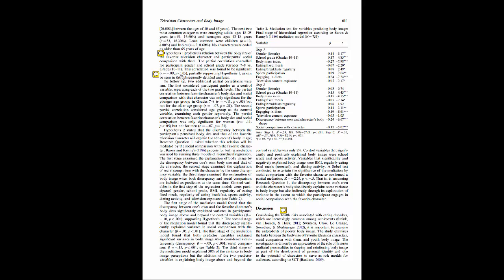Let's give it a try. So we see a p less than 0.05 here. That means the relationship is significant. We see down here another p-value of less than 0.05, which is also significant. But down here we see one that's 0.21. That's higher than 0.05, and so that relationship is not significant. Another one that's not significant at 0.21.